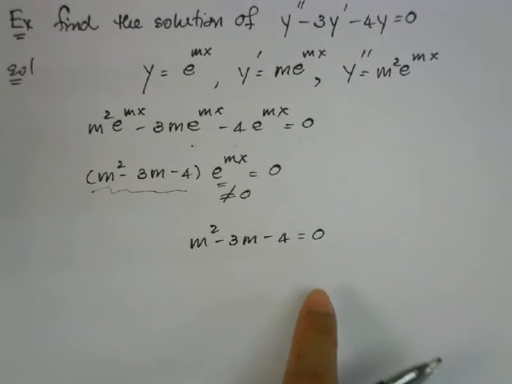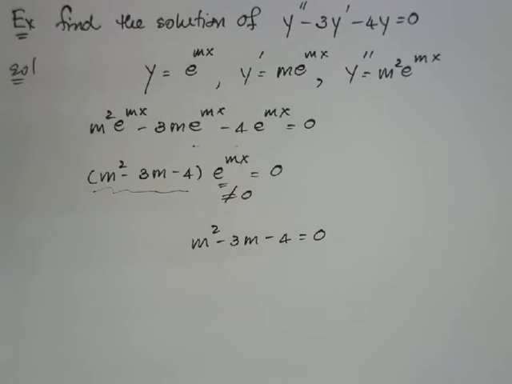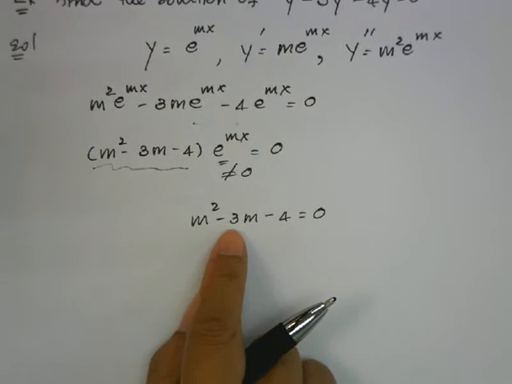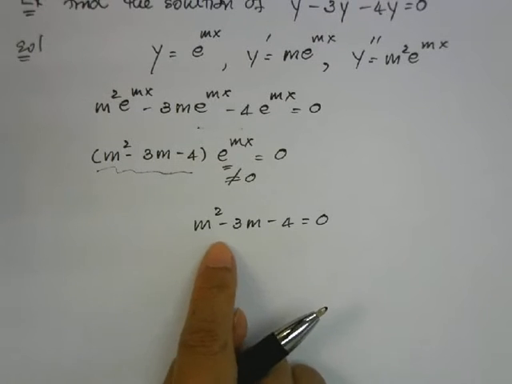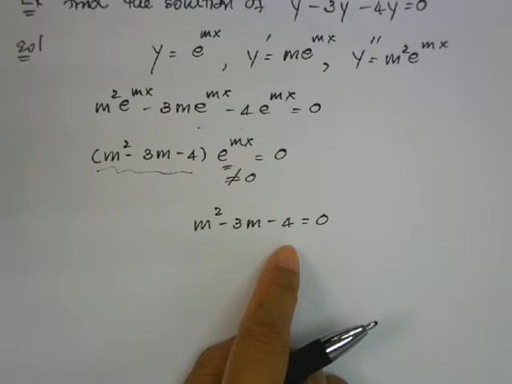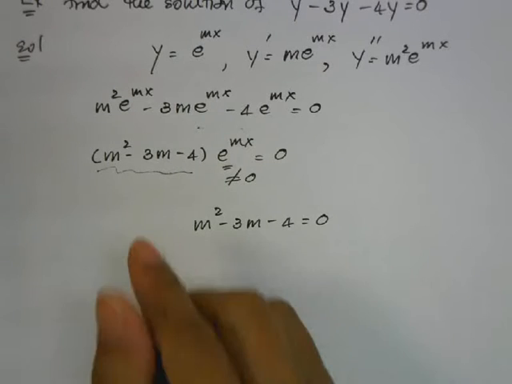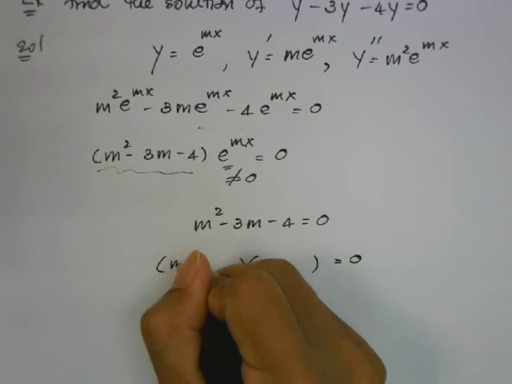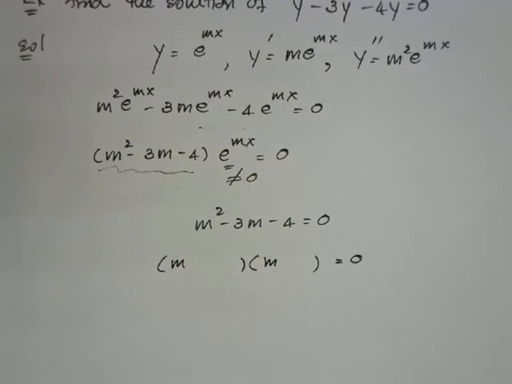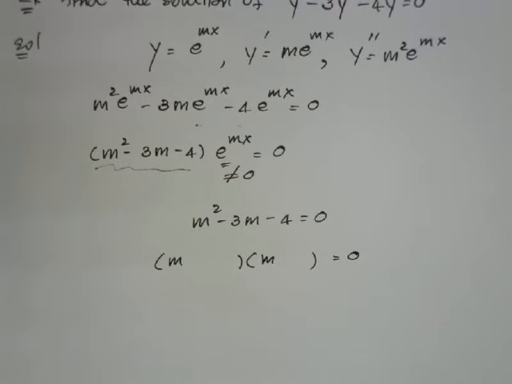And this one is called the characteristic equation or auxiliary equation. From m squared minus 3m minus 4 equal to 0, can we separate this equation into two terms, which are what? Minus 4 and plus 1.